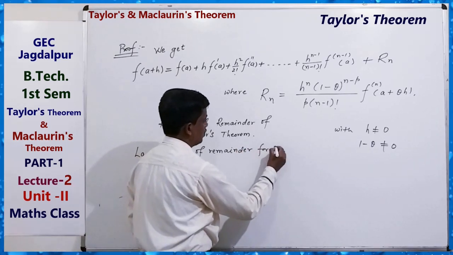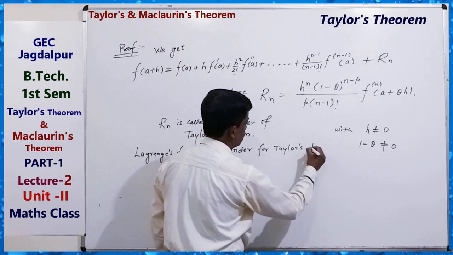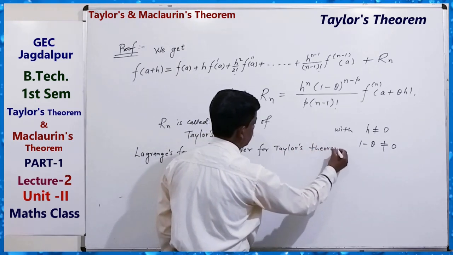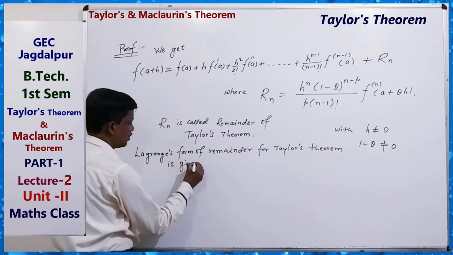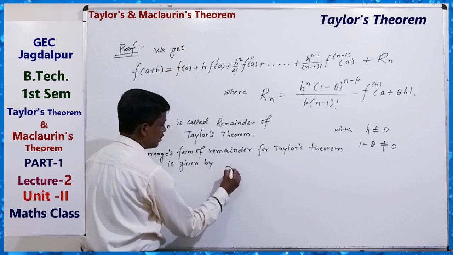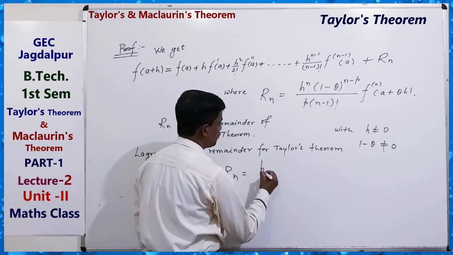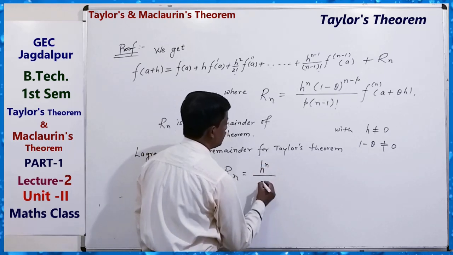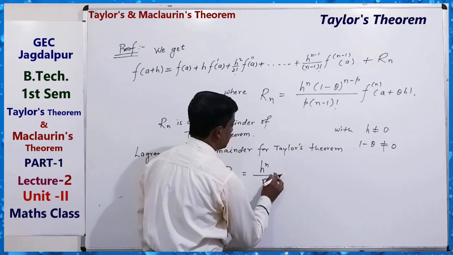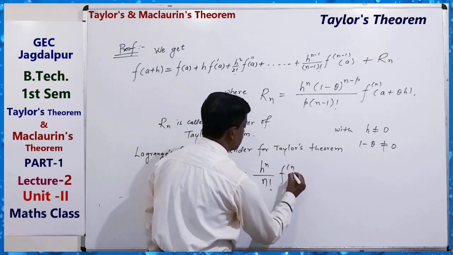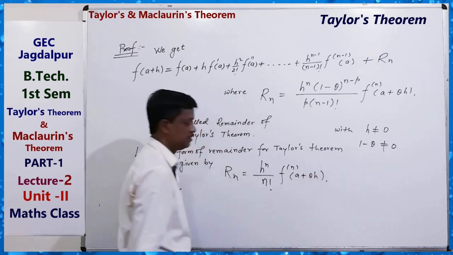for Taylor's theorem is given by Rn equals h^n upon n factorial f^n(a + θh).